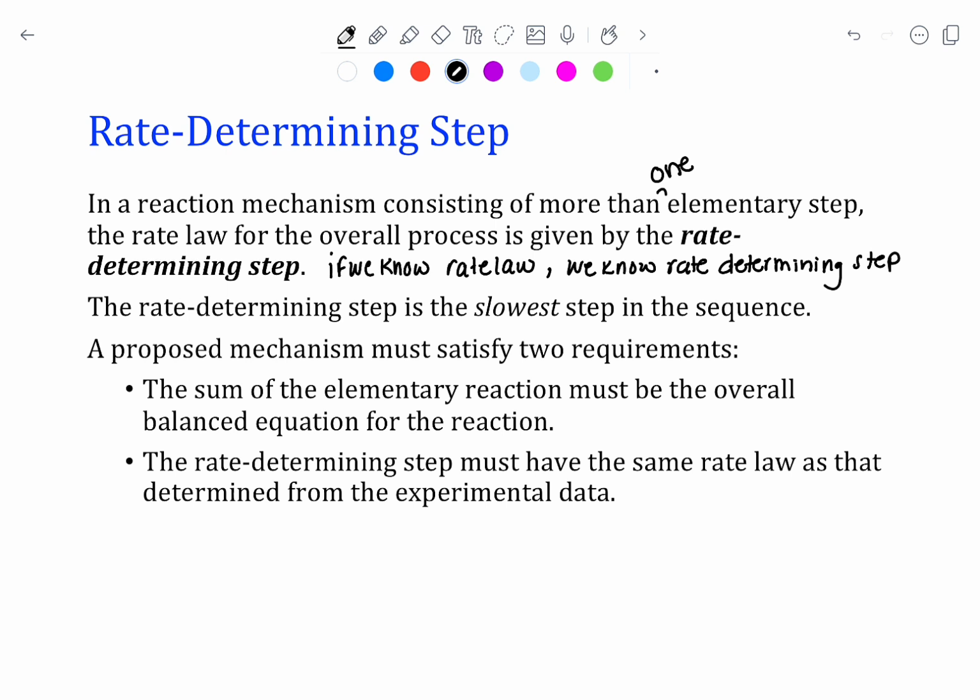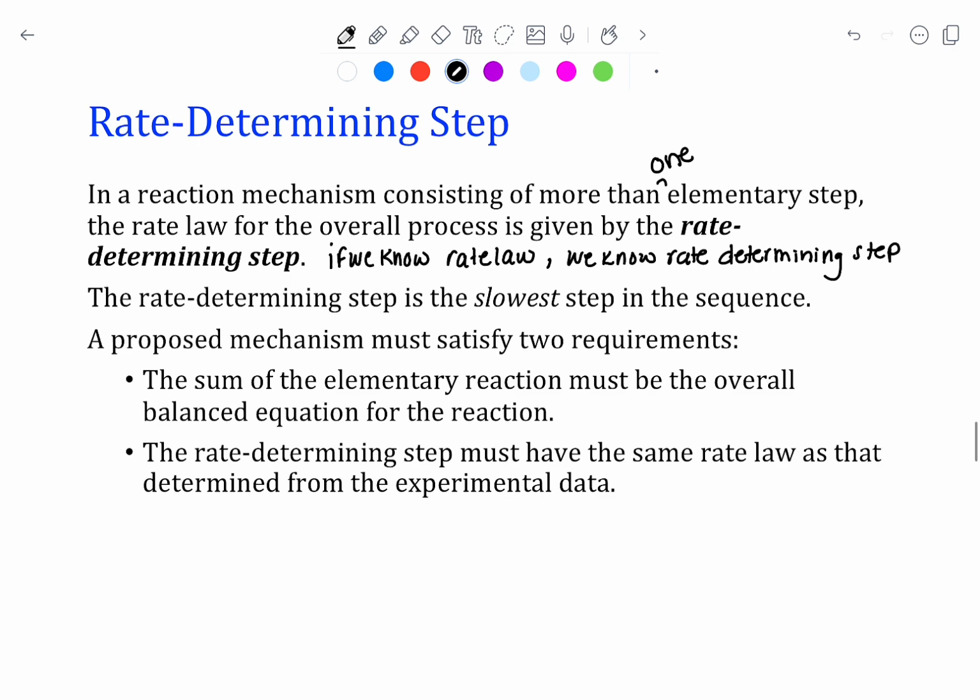So the rate determining step is always the slowest step in the sequence, and a proposed mechanism must satisfy two requirements. The sum of the elementary reactions must be the overall balanced equation for the reaction, and the rate determining step must have the same rate law as that determined from the experimental data.